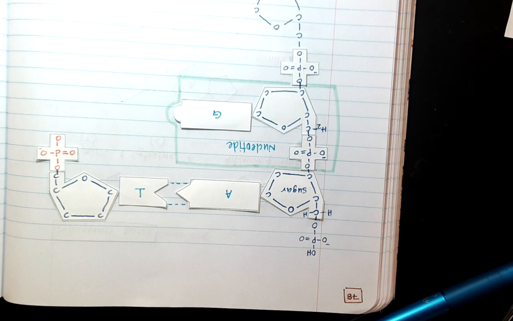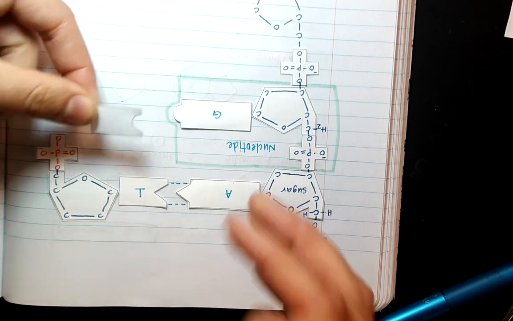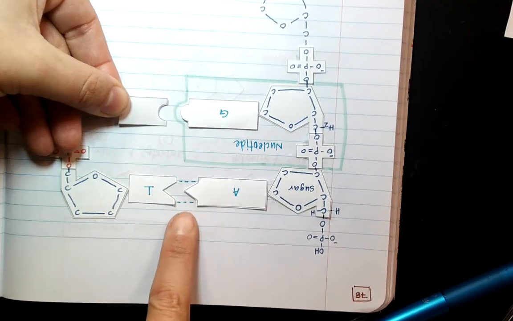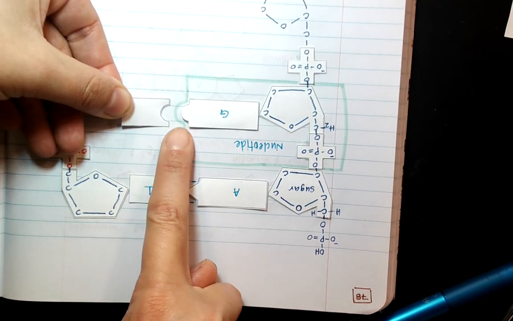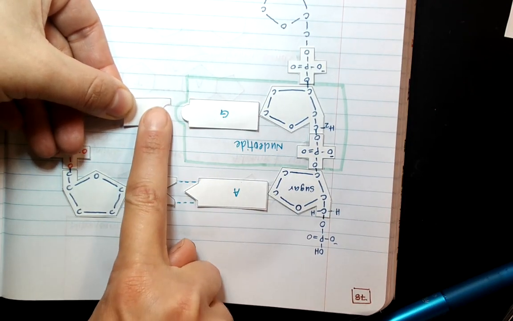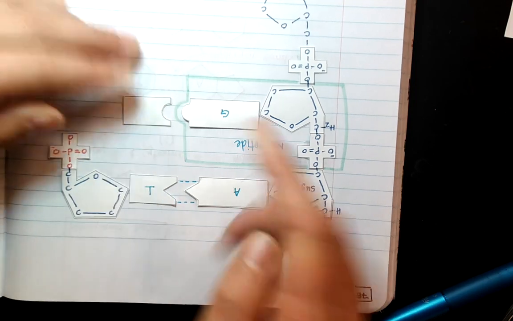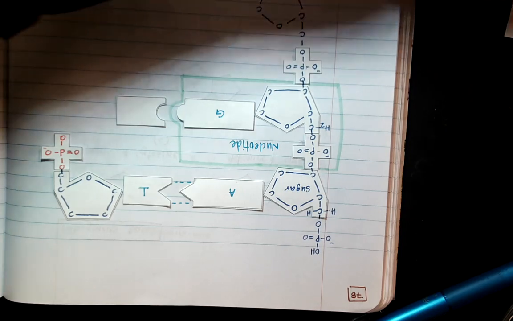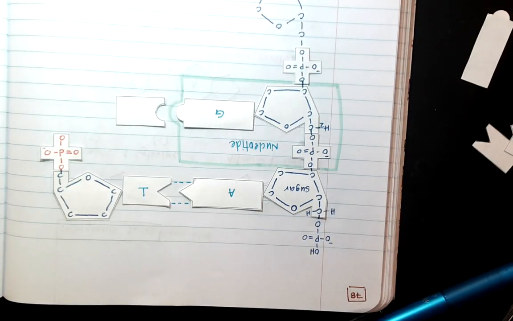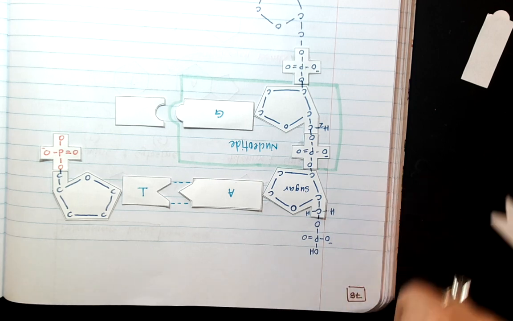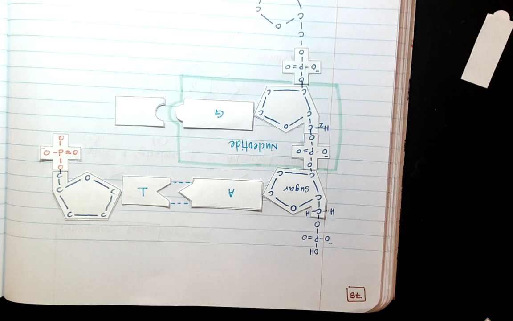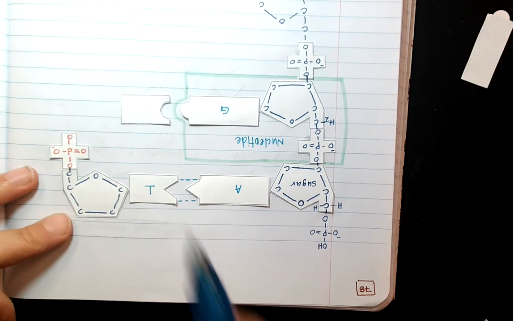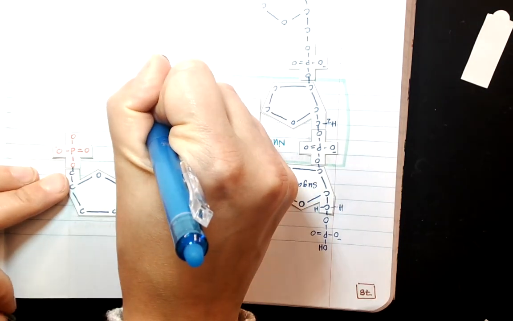All the pieces are the exact same size and they're going to be the same distance apart. So I need to try and match this distance here with this distance here. And that's going to make it so that everything's actually going to fit and line up. If something was a different size or a different shape, then it actually wouldn't fit together. Things would be bent and at angles, and those bonds would be stretched and they would break, and it just wouldn't work very well. So let's label this one C.